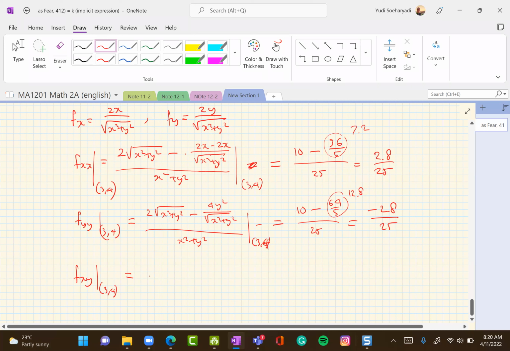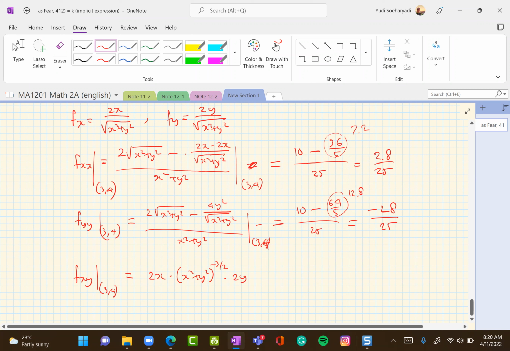Okay, so this becomes 2x power negative 3 halves times derivative of this with respect to y.